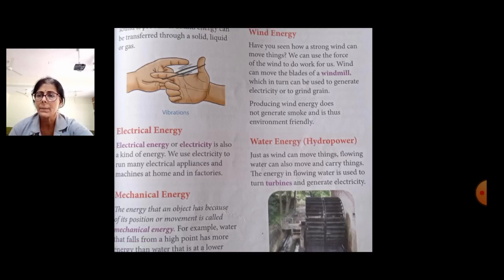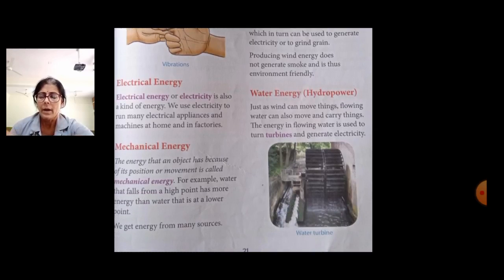Mechanical energy. The energy that an object has because of its position or movement is called the mechanical energy. For example, water that falls from a high point has more energy than water that is at a lower point.